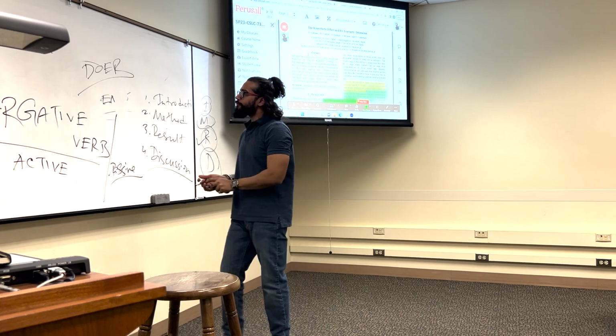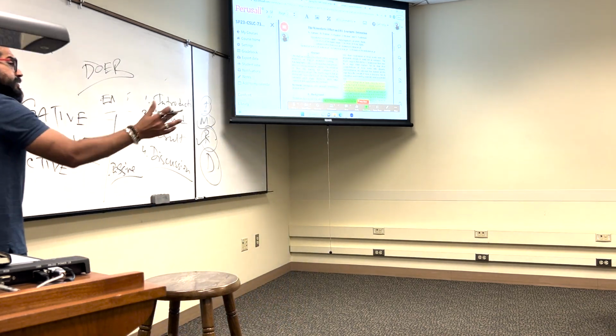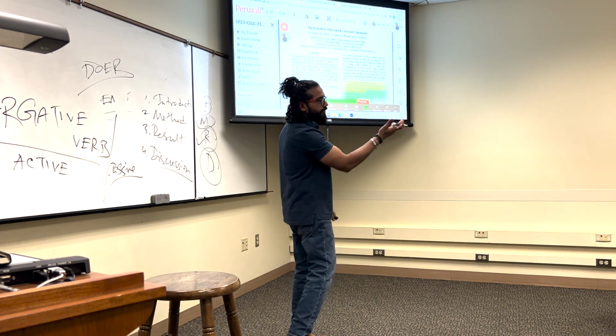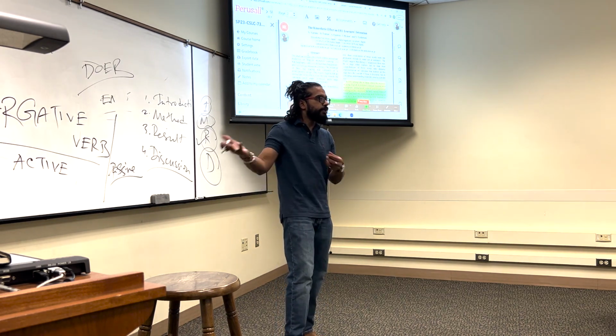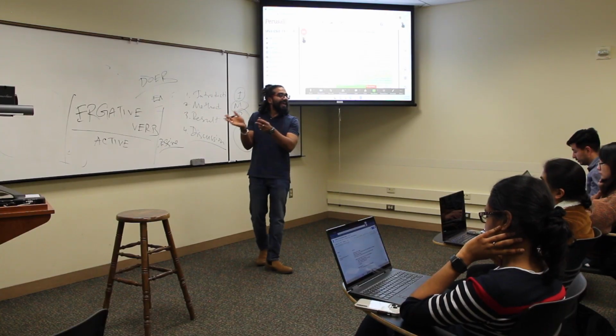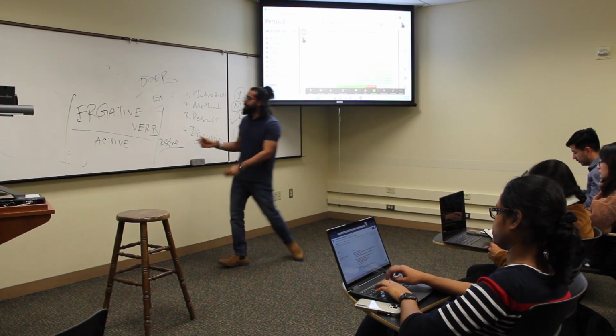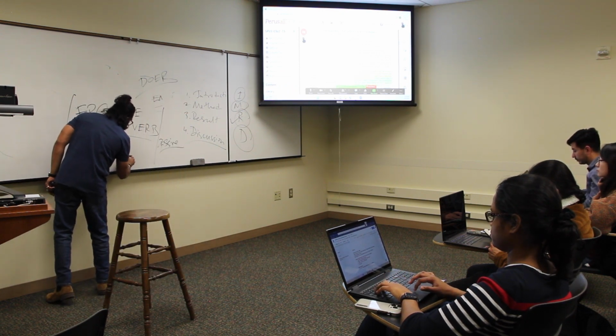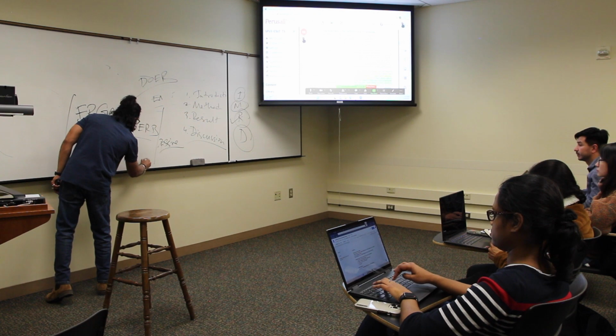So ergative verbs are like: the water boiled, the door opened. It didn't open by itself, I opened it, or someone is boiling the water. So those are verbs which look active. Active means the doer is present.